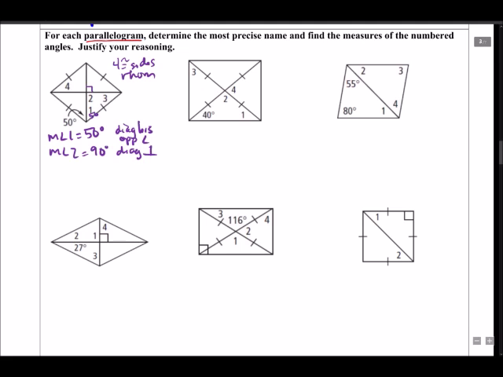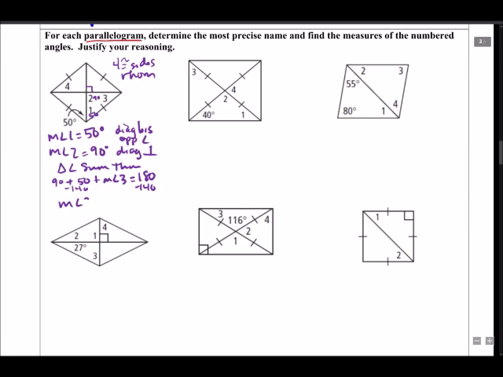And so how are we going to find the measure of angle 3? I'm going to say triangle angle sum theorem because we've got a 90 here. So 90 plus 50 plus the measure of angle 3 equals 180. And I subtract 140 from both sides.